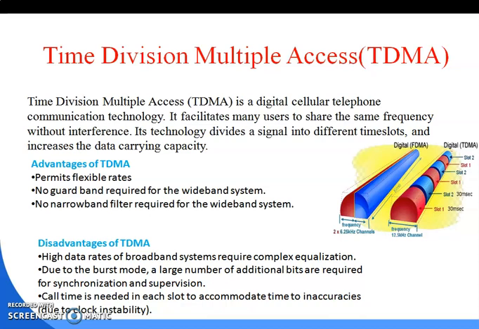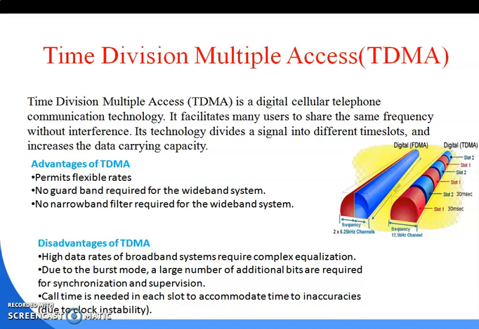TDMA is an access method for shared medium networks. It allows several users to share the same frequency channel by dividing the signal into different time slots. Each channel is split up into time segments, and a transmitter is given exclusive use of one or more channels only during the particular time period.